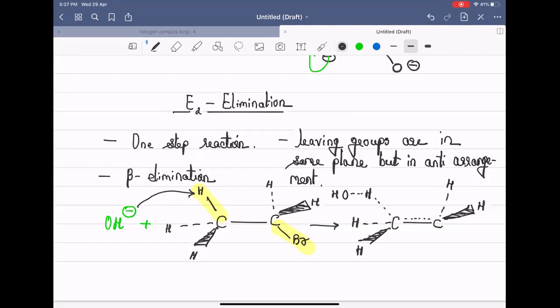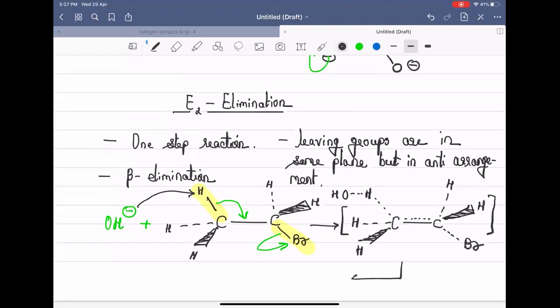Here, generation of the pi bond has begun, and the leaving group, which is Br, is going to leave. So all these bonds, which are either half broken or half formed, are shown by dotted lines. The actual process would be, this would move here, and the leaving group would leave. This is just an intermediate generated.